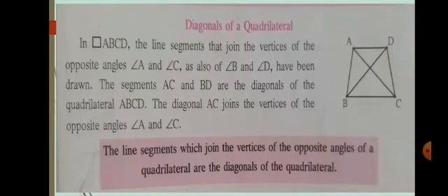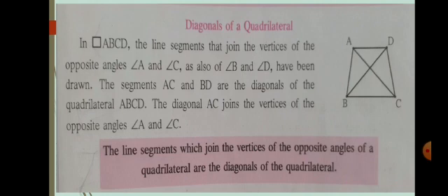Now, diagonals of a quadrilateral. Now you all can see the figure alongside, quadrilateral ABCD. The line segments that join the vertices of the opposite angles, angle A and angle C. You can see a line is drawn between angle A and angle C and between angle B and angle D. These line segments are the diagonals of the quadrilateral ABCD.